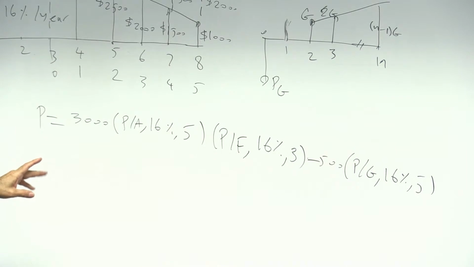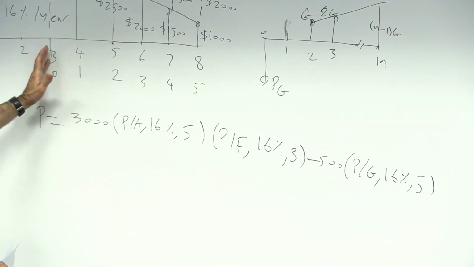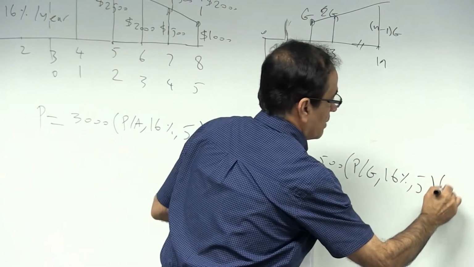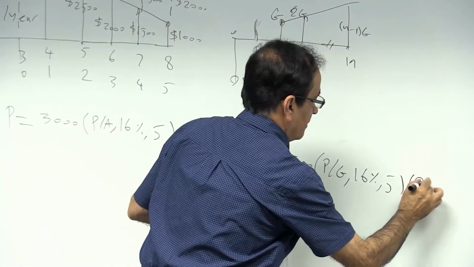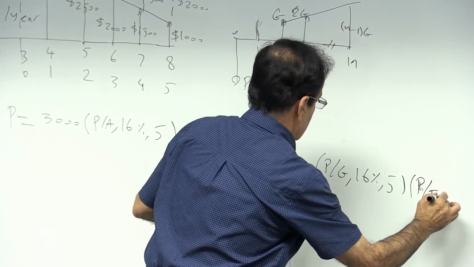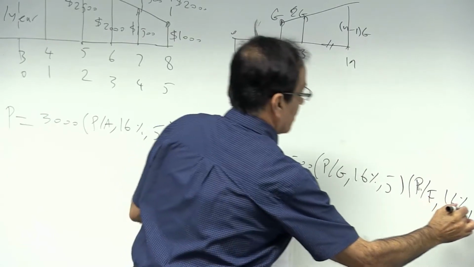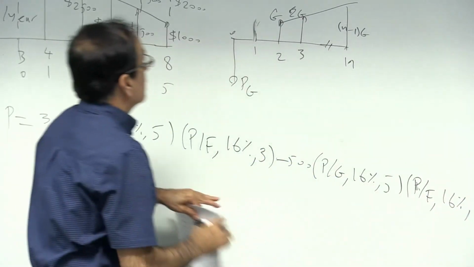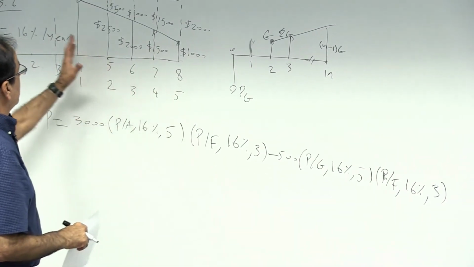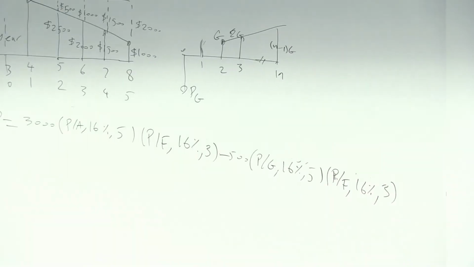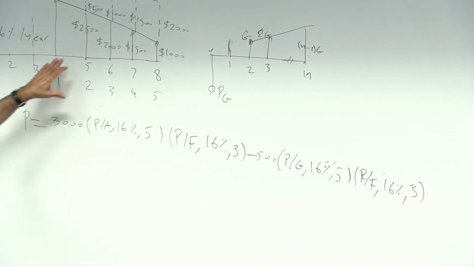Now remember, that's not going to be at time 0, it's going to be at the end of year 3 here. So you have to bring it back. You're going to multiply this by P given F, 16%, and 3 periods, because this is the present worth of the gradient at time 3. You will take it back to time 0.